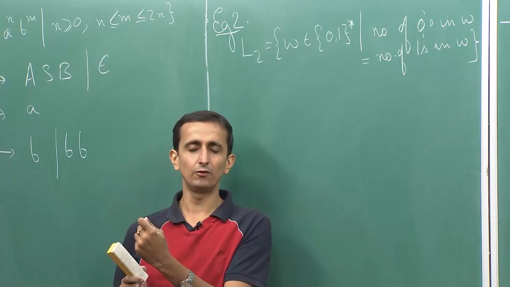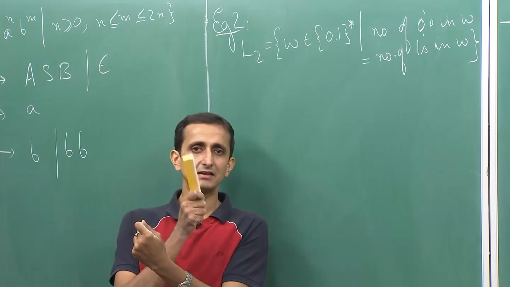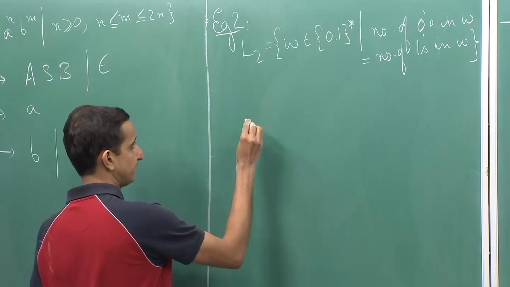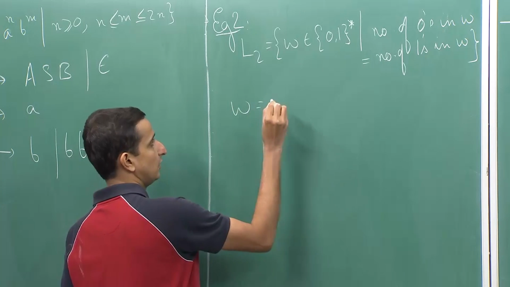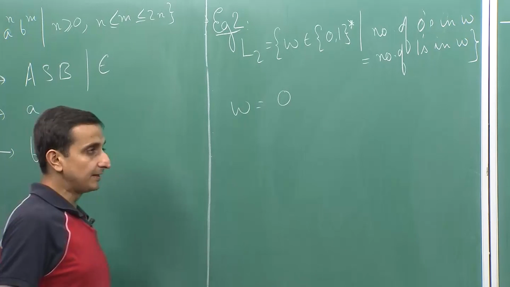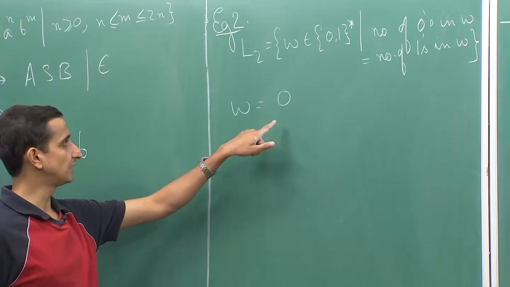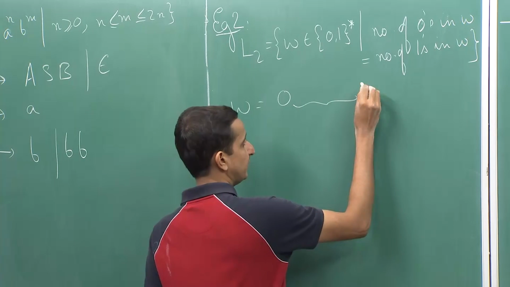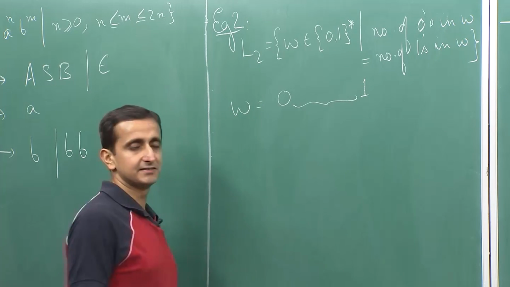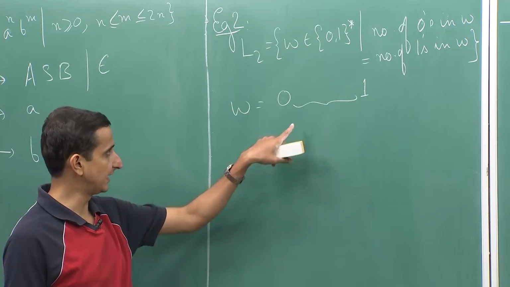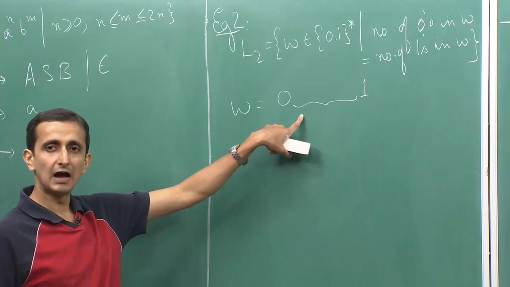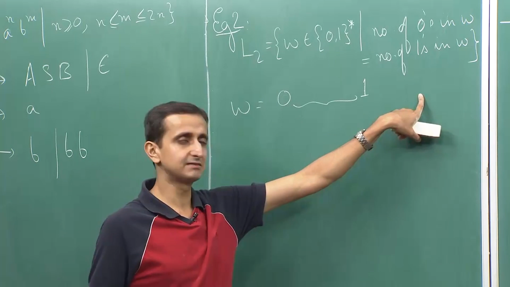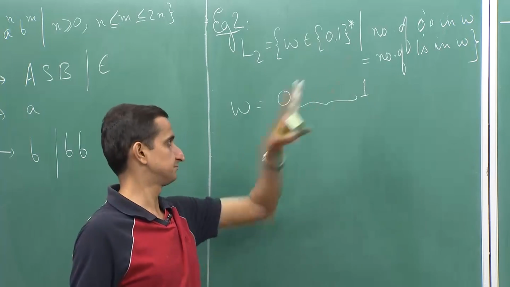Then this starting 0 is matched by some 1 somewhere down in the string. Because this string has an equal number of zeros and ones, I have this 0, then maybe some other string in between, and there is a 1 which gets matched to it. By matched, I mean that this inner portion again has an equal number of zeros and ones. And then again there can be a string after this.